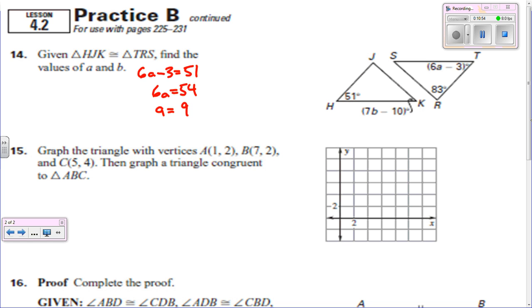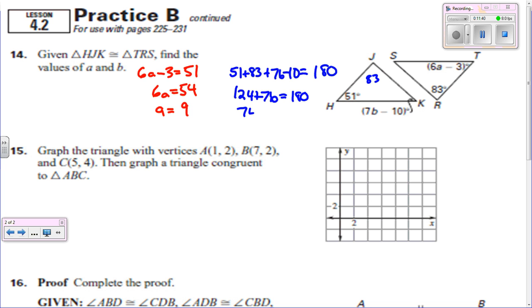Then for B, angle K is congruent to angle S. We don't know what angle S is, but we know that this is 83. This R is congruent to J. So then it's 51 plus 83 plus 7B minus 10 equals 180 degrees. So then 51 plus 83 is 134 minus 10 is 124 plus 7B equals 180.